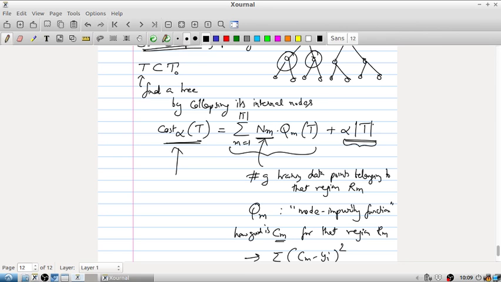If the tree is too huge, then there is an additive penalty here. And for that given tree, I'm going to count the node impurity value of every node in that tree. I'm just going to add these node impurity values, scaled by the number of training points in that node, and sum over all nodes. So it's just a quality metric that I'm assigning to a tree.